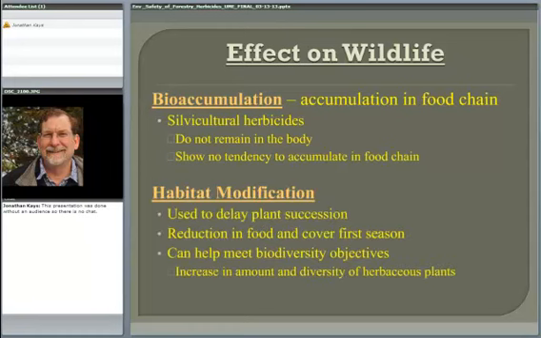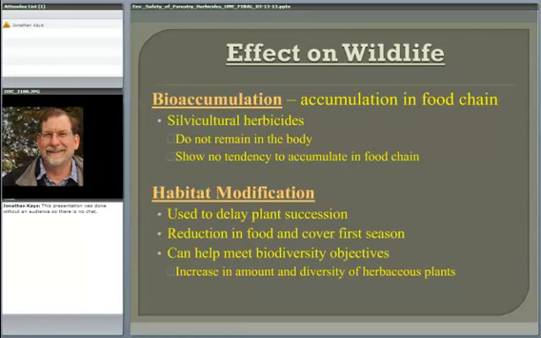So the other issue is the real effect on wildlife, and the real effect, which in many cases is why they're used, is their effect on habitat modification. They're used to delay plant succession. By killing the trees or vegetation that's there, it's kind of delaying development of that vegetation as it gets older. It may also reduce food and cover the first season.